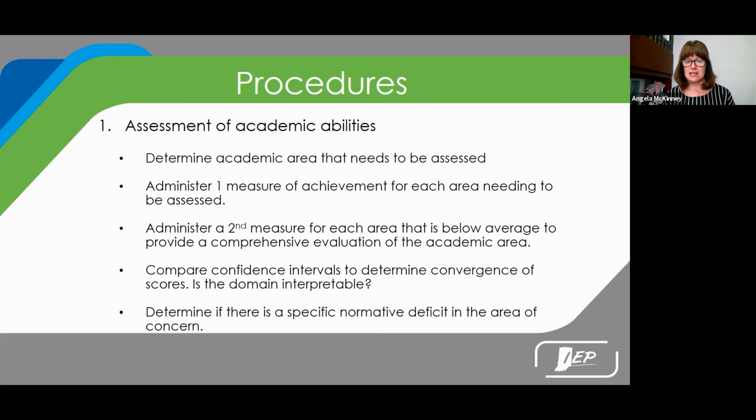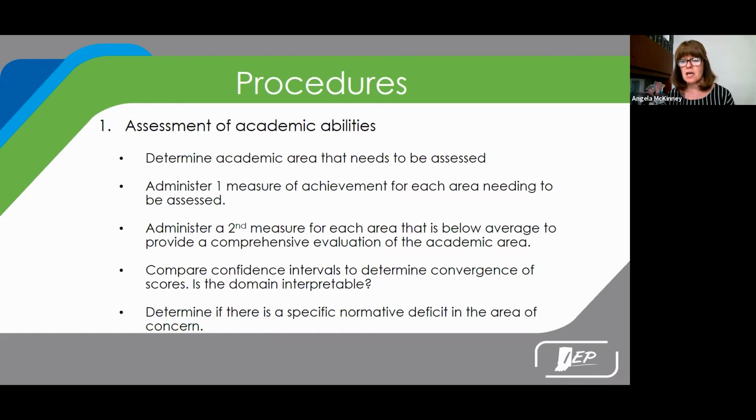But again, they say administer one. If it comes up low, you're going to give a second in that area. And then make sure that you can have some sort of a cluster score, right, for that domain. Make sure that it's consistent and figure out whether it is a normative deficit, right?